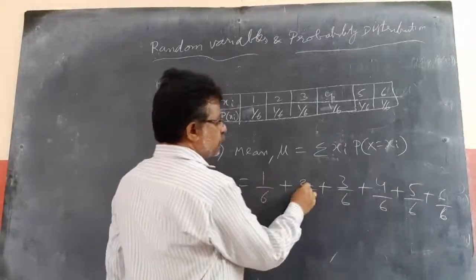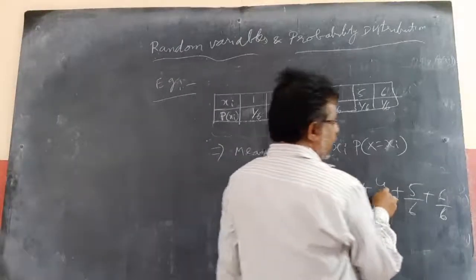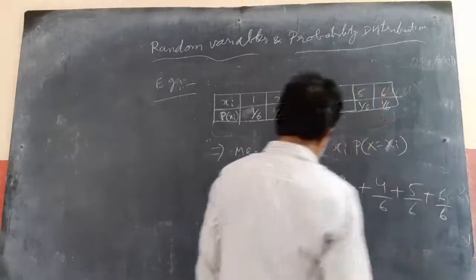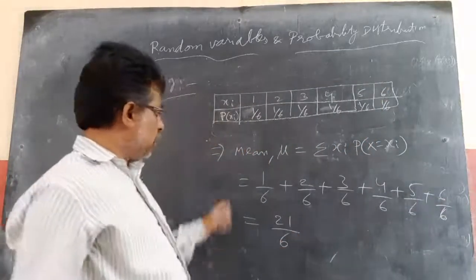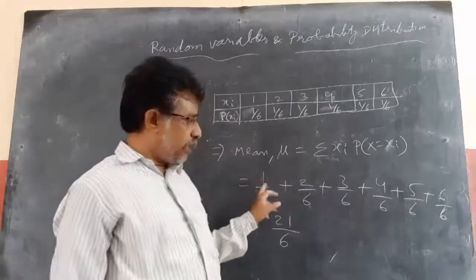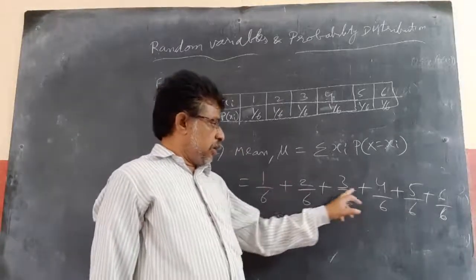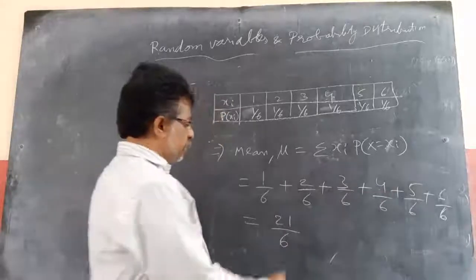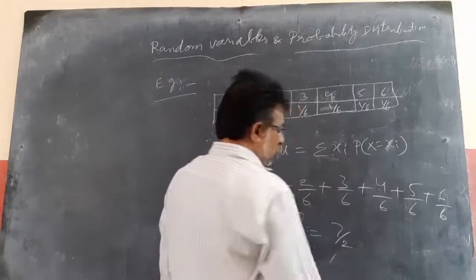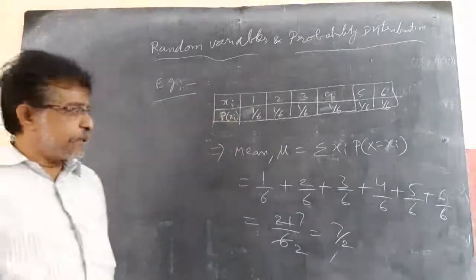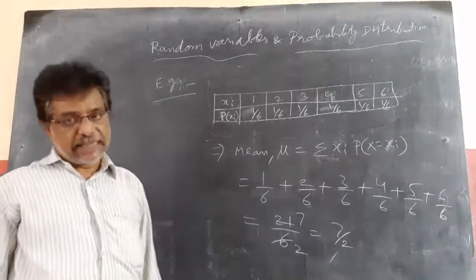So 1 plus 2 is 3, 3 plus 3 is 6, 10, 15, 21. So 21 by 6. So mean is equal to 7 by 2. Mean of the probability distribution equals 7 by 2.